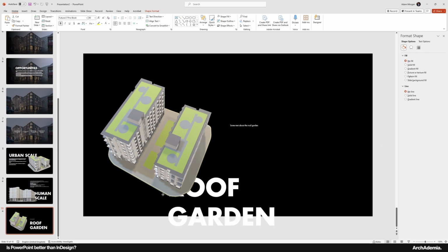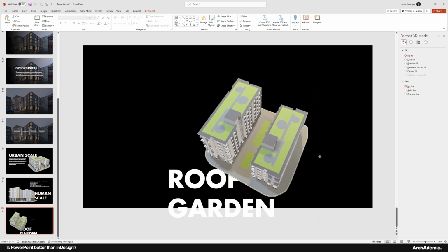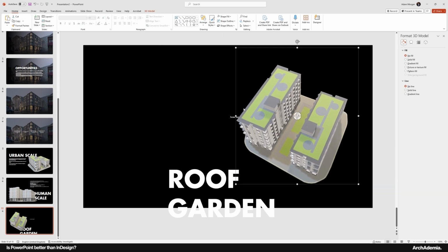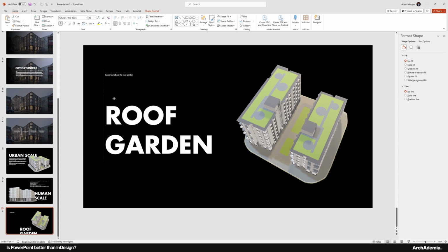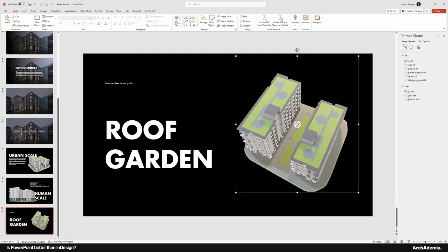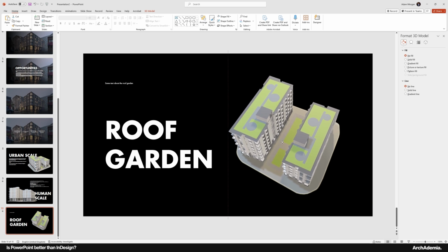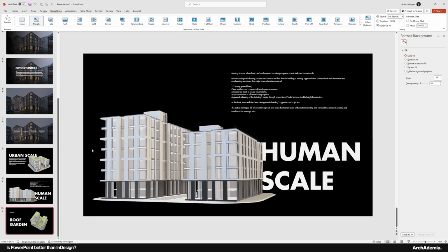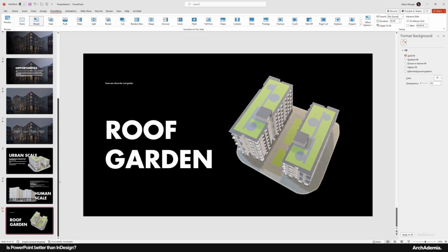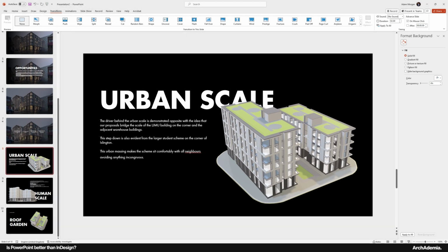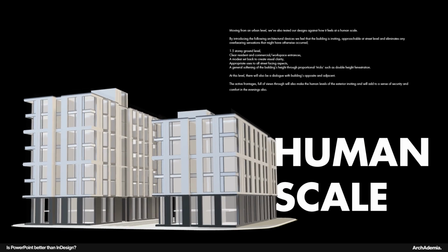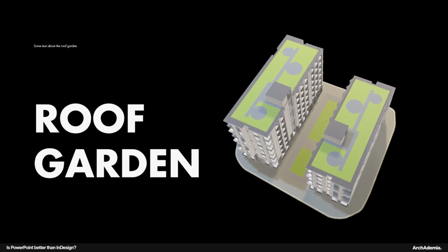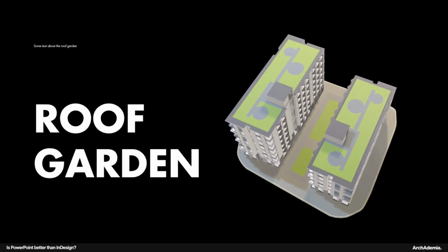Or we could jump back, apologies, let's put the model back to the right hand side. And then just make sure that this has got the morph transition as well. And then look at that. So between these three, you've got that, and then that. That is absolutely superb.